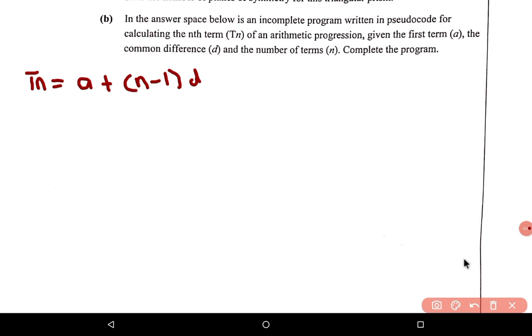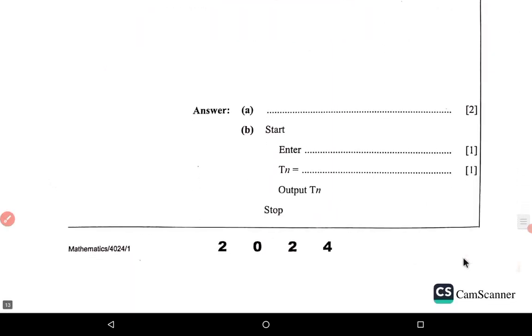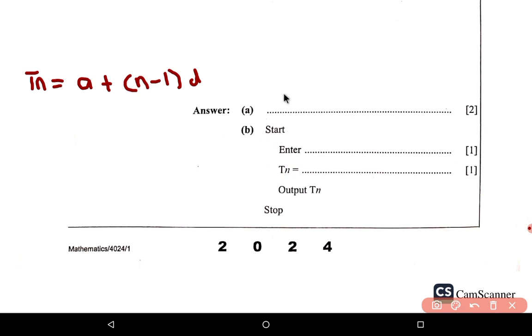So let's look at this part we have to fill. The first question, we said 3 planes of symmetry. So we say 3 planes. So start, this is the first thing, then enter. We're going to enter all these, and forgetting the constants, right?